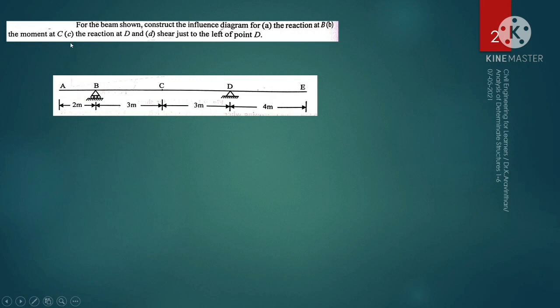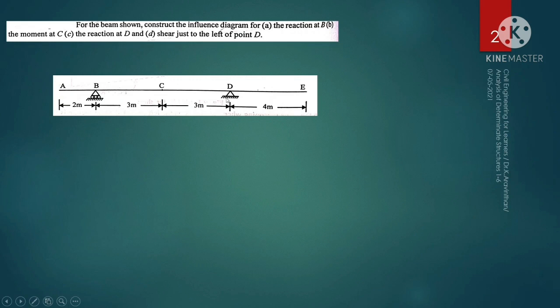The next thing is the moment at C, and the next thing is the reaction at D. While the load is moving here, what happens to this reaction? The reaction increases when the load is at point A, and when it is at point C, there is a difference.